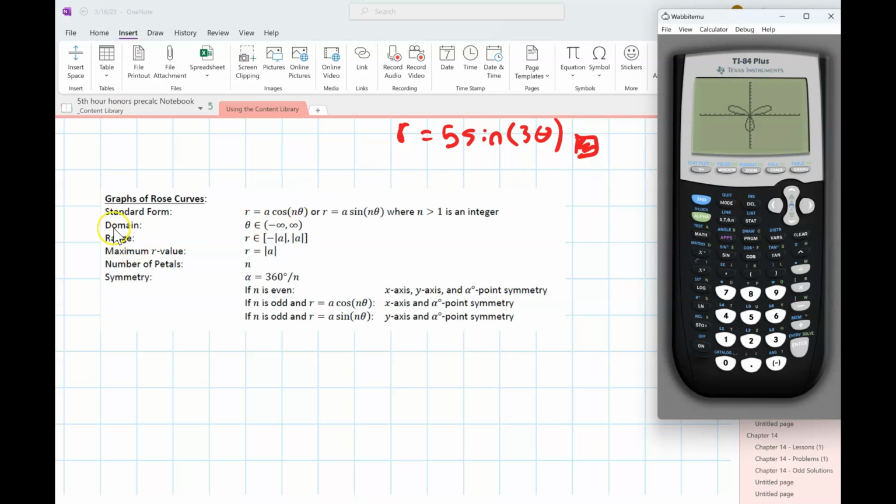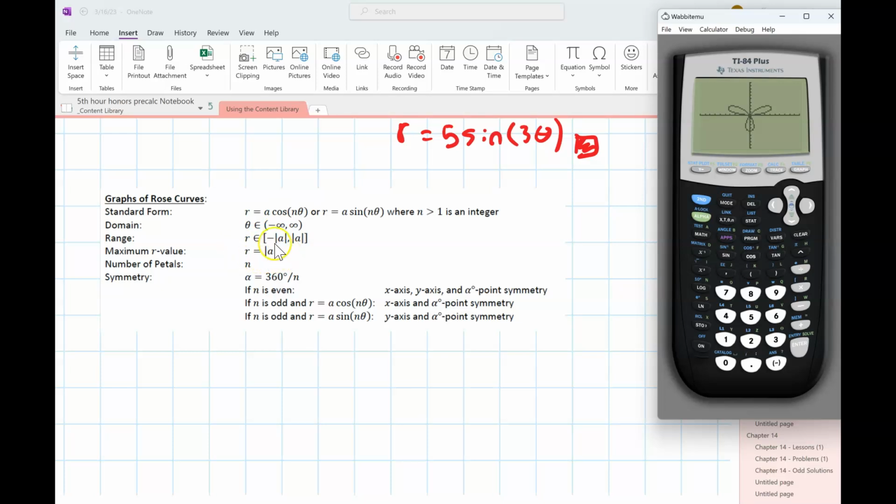So the domain for a rose curve, well, theta is going to just be the domain for sine or cosine, which is all real numbers. The range, well, if it's just a times sine or cosine, it's just going to be negative the absolute value of a to positive absolute value of a, because the range of cosine and sine are both -1 to +1.